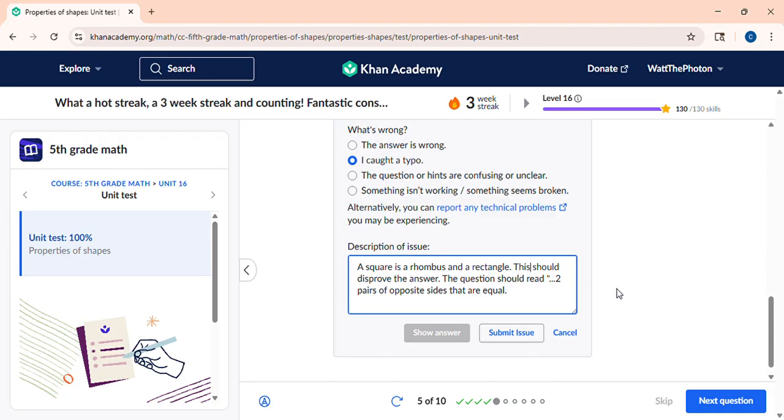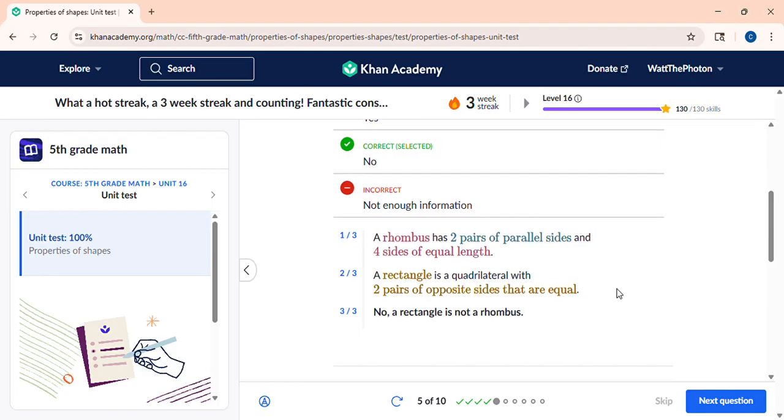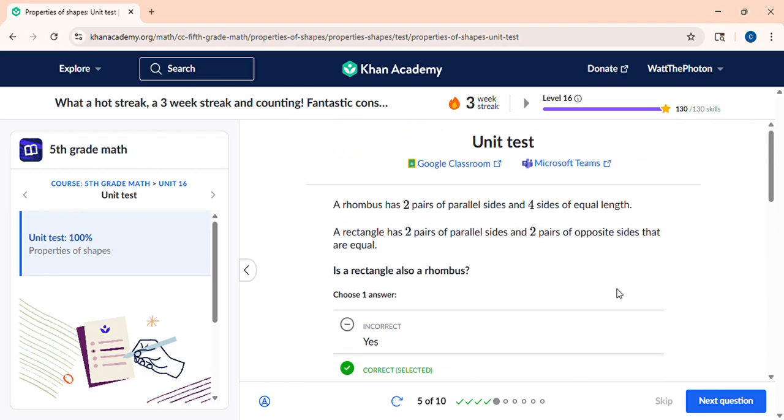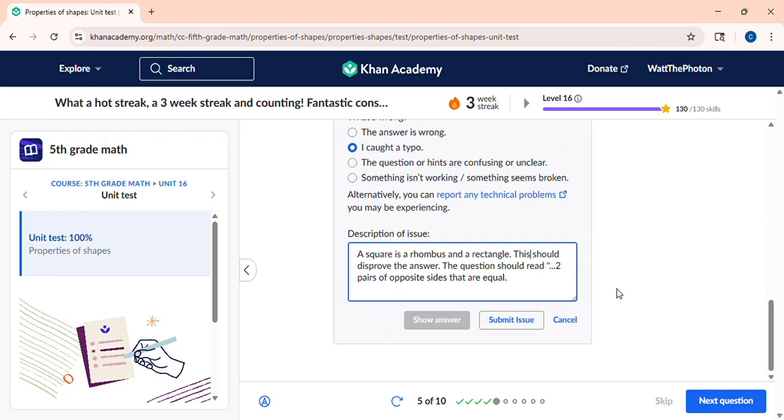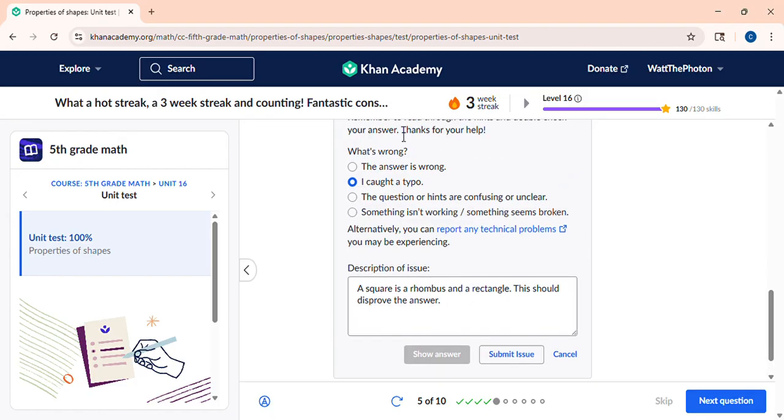The question should read two pairs of opposite side lengths. I don't know how you would word it. The question is vague. I think I'll just leave it at that. This should disprove the answer. The answer is wrong.